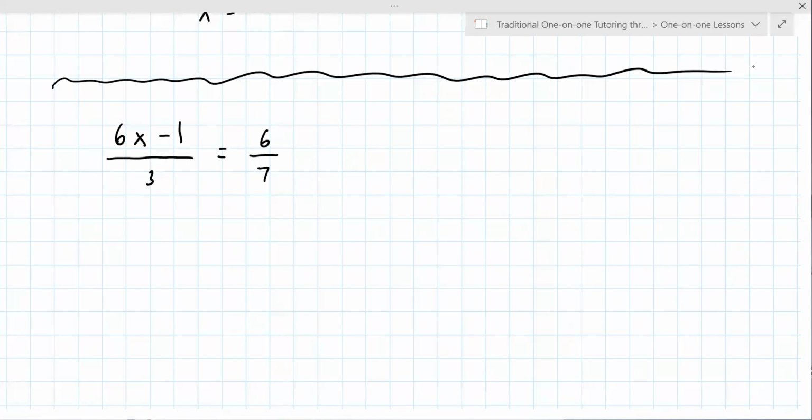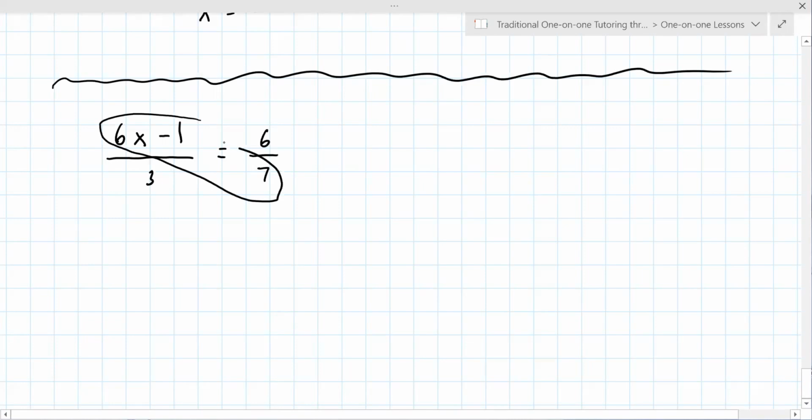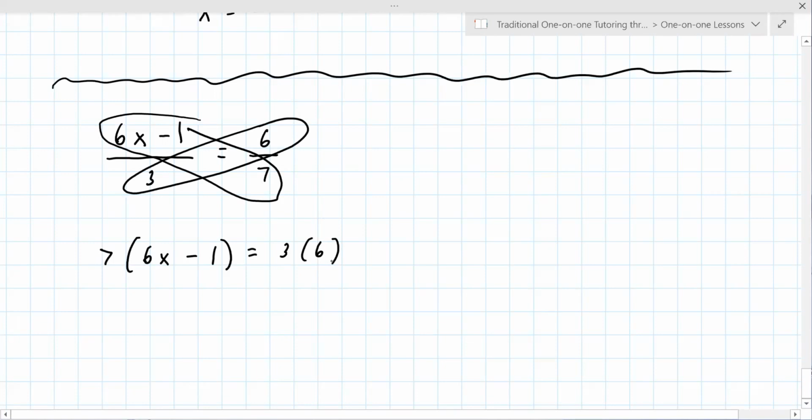Okay. So that does work, but I'm going to show you another path here because I think you'll like it. There's this thing that's sometimes called a butterfly, which you can multiply diagonally. So you can take this 7, but you got to multiply it by everything, 6x minus 1. So I write it in parentheses. And you take this 3 and you multiply it by 6.